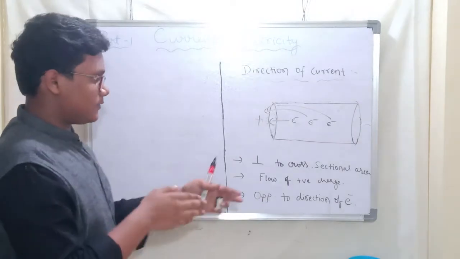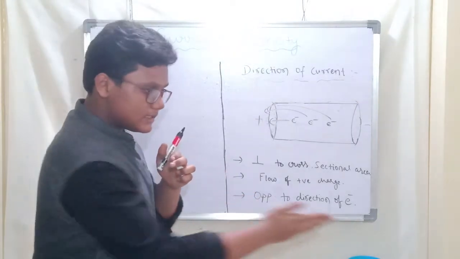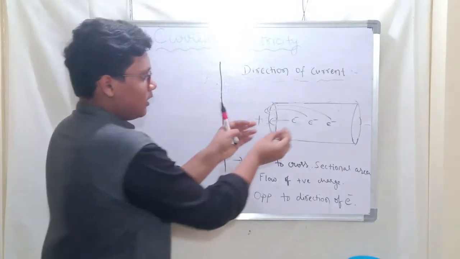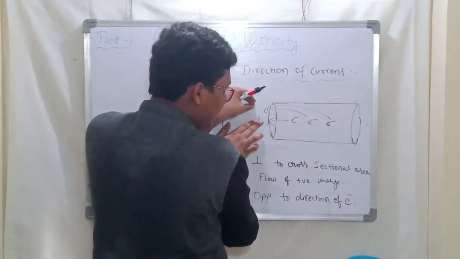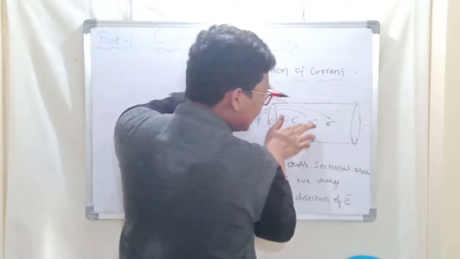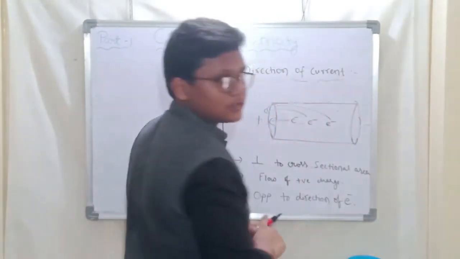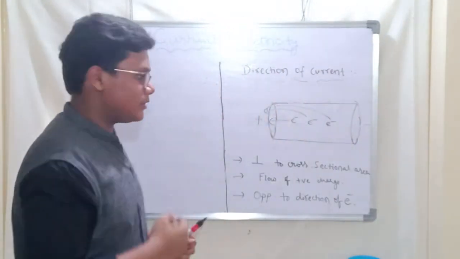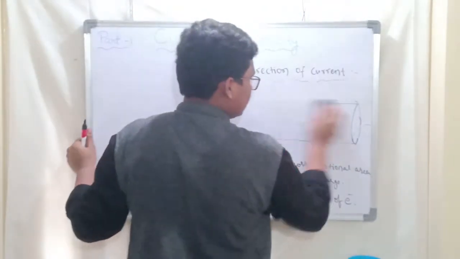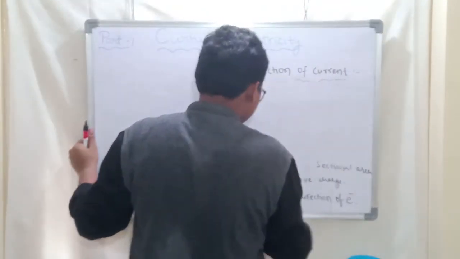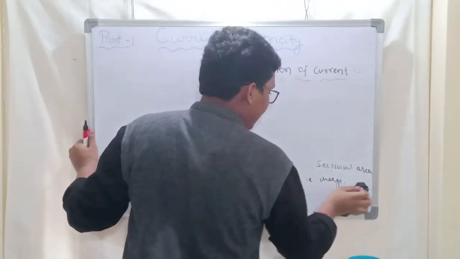When one electron moves and attracts here, its place becomes vacant, and like that the electric current flows. That's why it is opposite to the direction of electrons. That's the direction of electrons, and that's the direction of electric current.